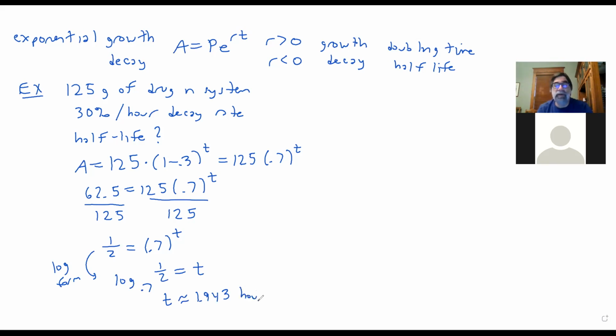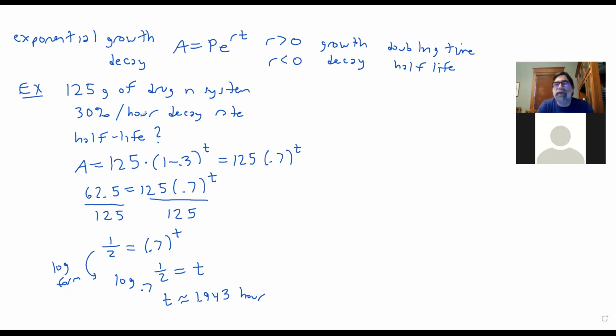So after almost 2 hours, your initial amount of 125 has gone down to 62.5. So something else the half-life tells us here is every 2 hours, whatever's in your system will have decreased by half. We start with this much, decreases by half in 2 hours. Then after the next 2 hours, decreases by another half, then by another half, then by another half.